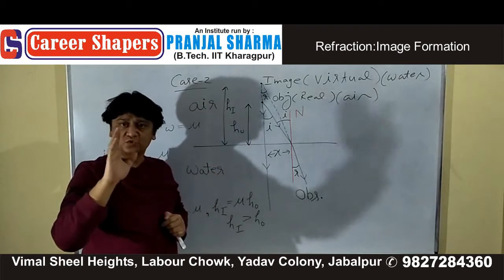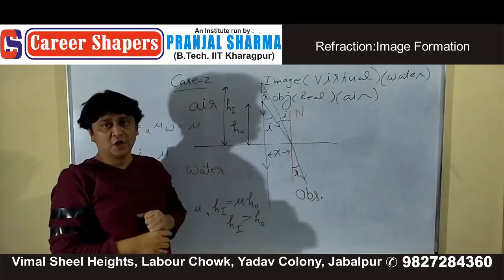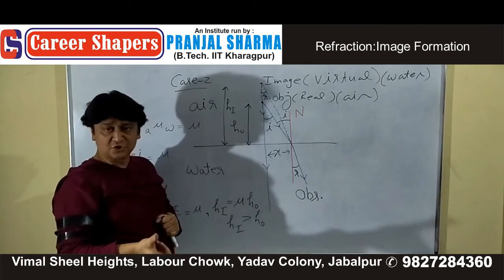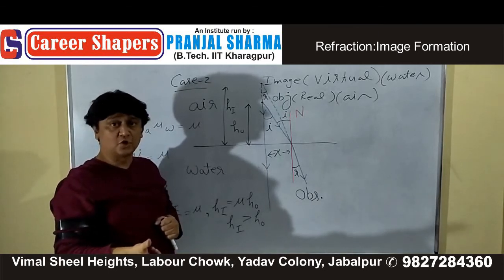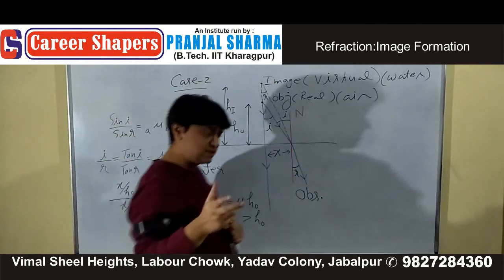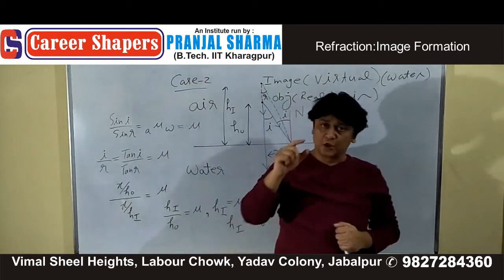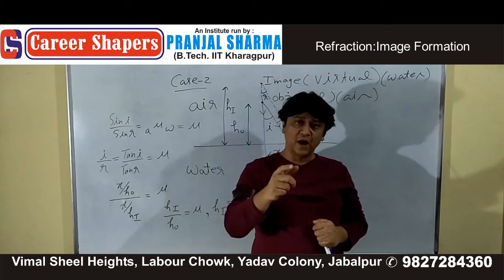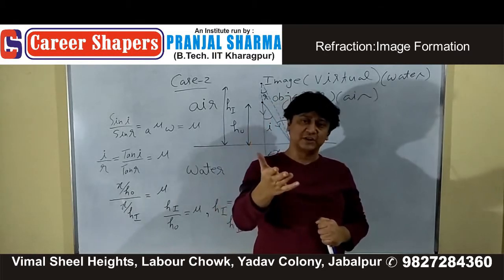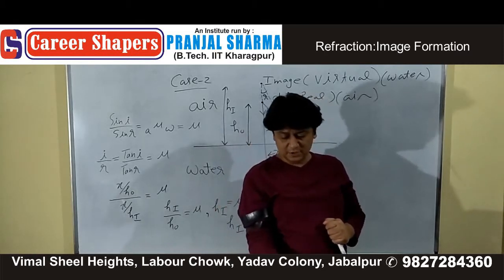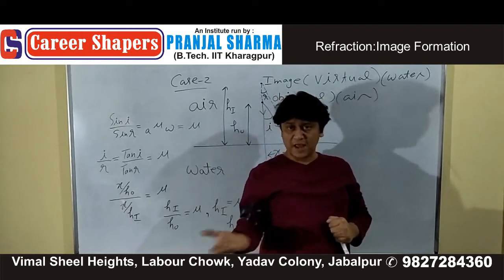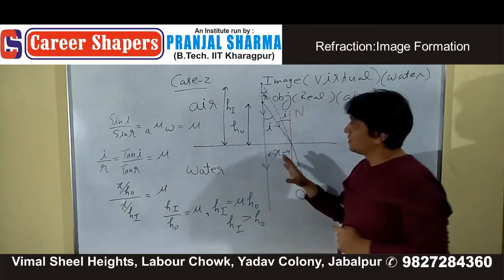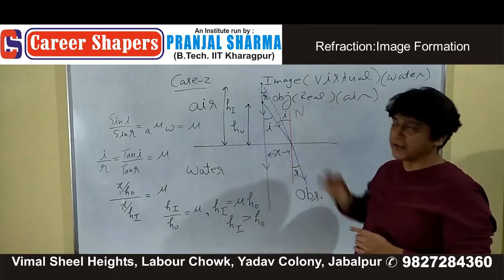Whenever case 1 type of situation takes place, you will find that the distance of image from the interface is always less than the distance of object. If you put a coin inside a bucket, you must have noticed yourself that the coin appears a bit higher from the actual position. So these are the two cases, case 1 and case 2.